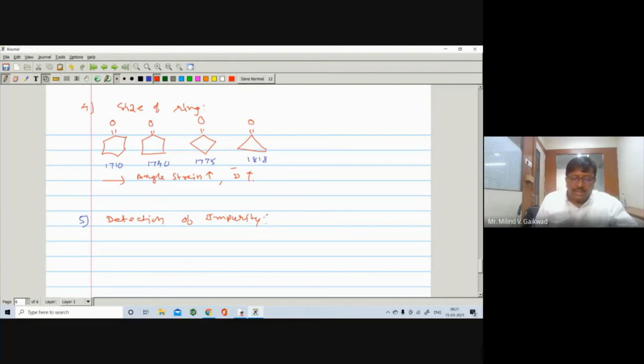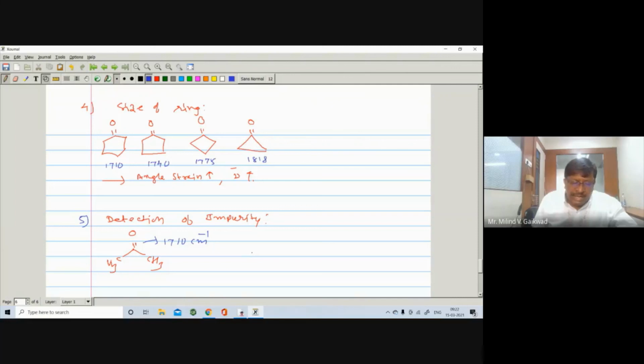For example, suppose you are having a compound that is a ketone, that is acetone, right? Suppose the pure compound is acetone. So as it is acetone, the CO will appear at 1710 centimeter inverse, or near about at 1700.